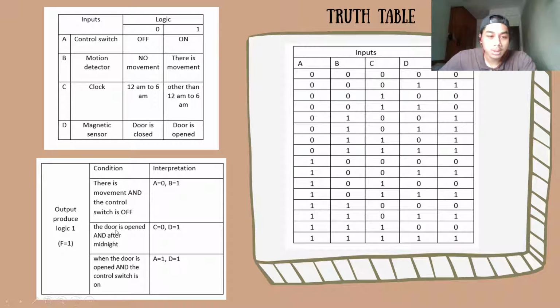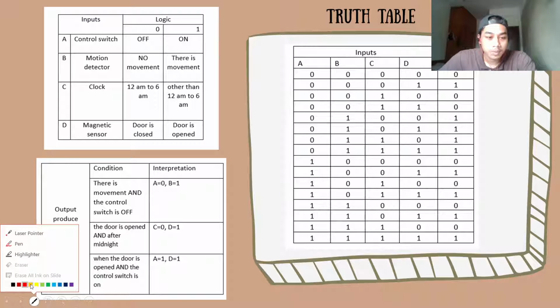The second condition is the door is open, D is 1, and after midnight, 12 am to 6 am, C equal to 0. The third condition is when the door is open, D equal to 1, and the control switch is on, A equal to 1. So from this interpretation, we can conclude the truth table for the output column.